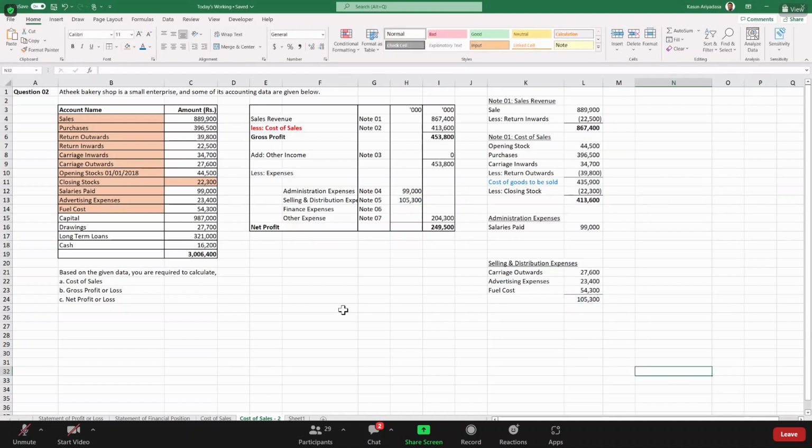So your total expenses are 204,300. The net profit is 249,500. So we have calculated the net profit as well. We have calculated the cost of sales, gross profit, and net profit. So this is the working, and this is a very straightforward question. And do you have any more questions related?